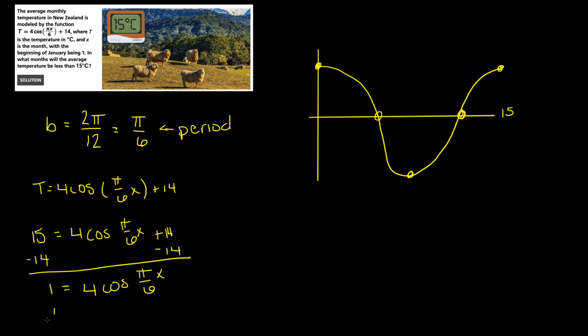Divide by 4, we get 1/4 equals cosine pi over 6 x. All right, so I'm at a point where I can't do much more because I'm trying to find this x within this function. So to undo the function, I'm going to take the inverse of both sides.